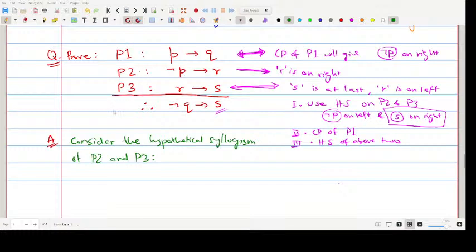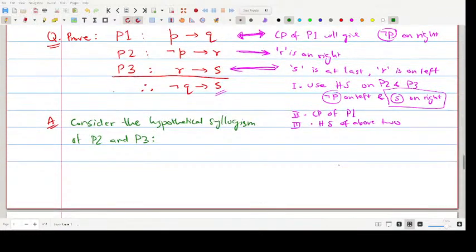Now, P2 is negation P implies R. P3 is R implies S.